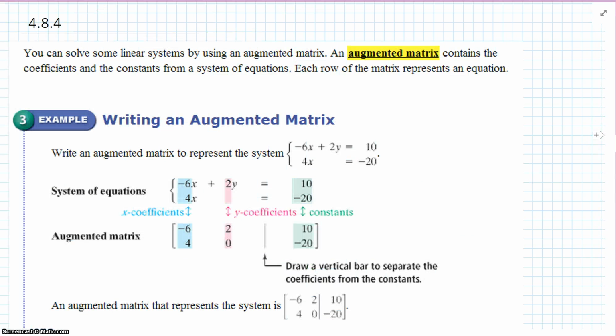All right. Now you can also solve linear equations by using an augmented matrix. An augmented matrix contains the coefficient matrix and the constants, or the solutions, from the system of equations. Each row of the matrix represents an equation.